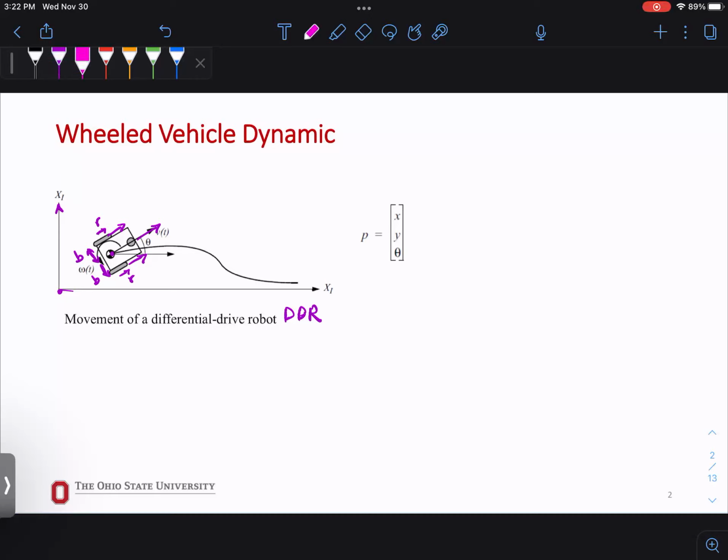The other thing that we can say about this is each of these wheels has a velocity, right? Angular velocity. It can increase, but you have control over that velocity. Right and left are separate, so we are going to treat them as separate.